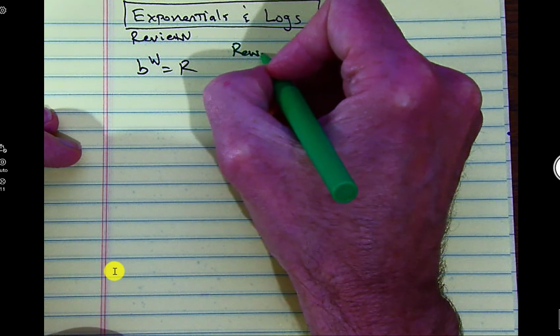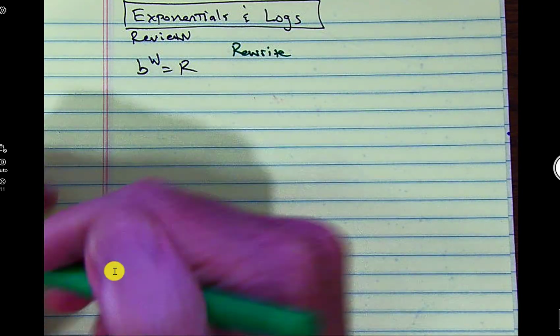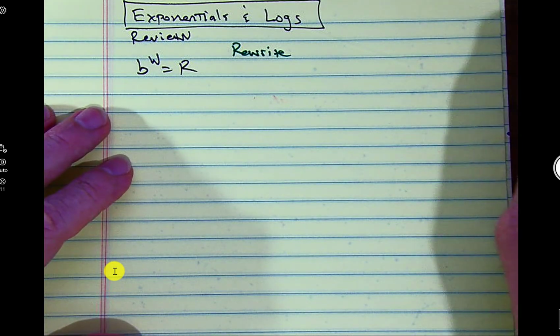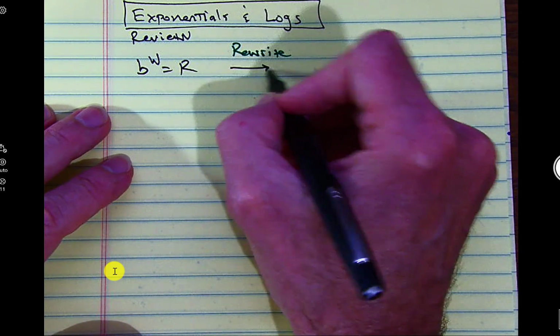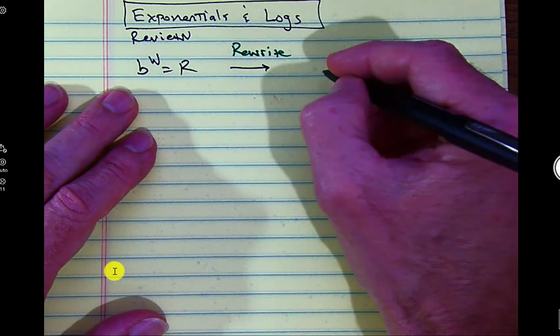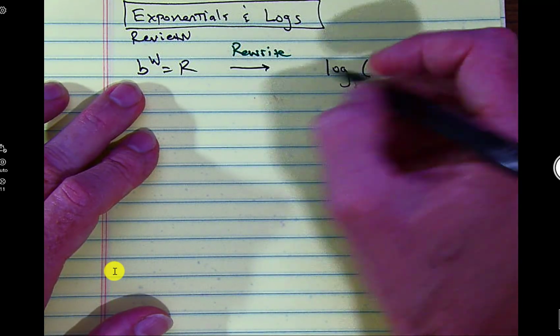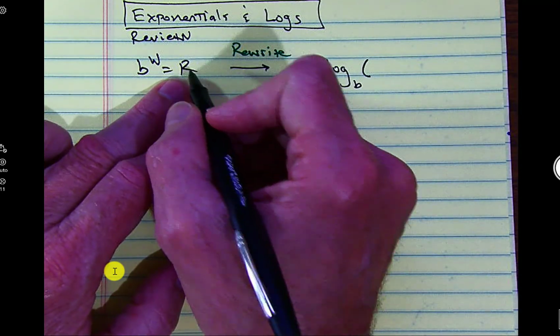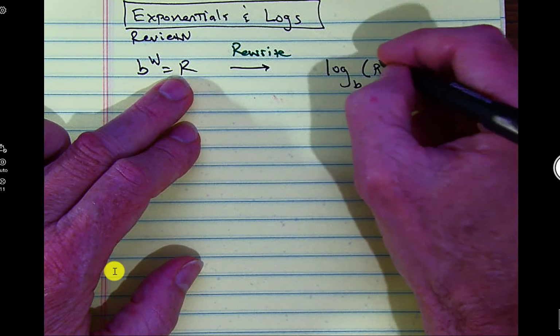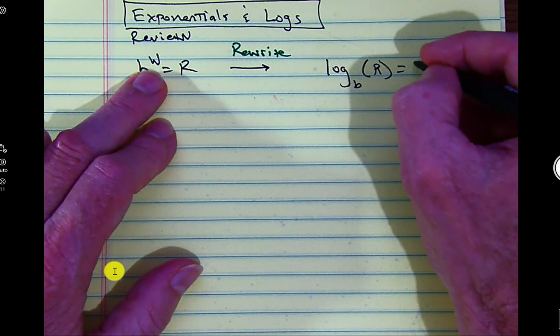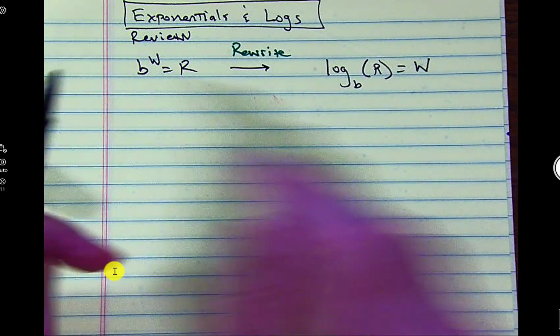Well, it's possible to rewrite this. A log function is the inverse of an exponential. So we can rewrite this as log. The base is b, but the r is now the input, and the w is now the output.